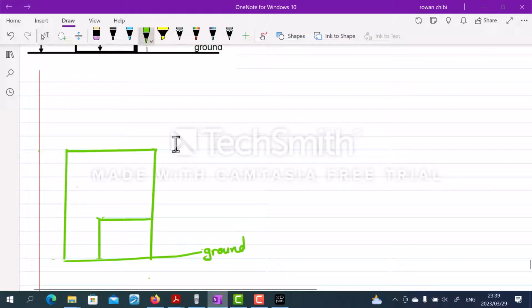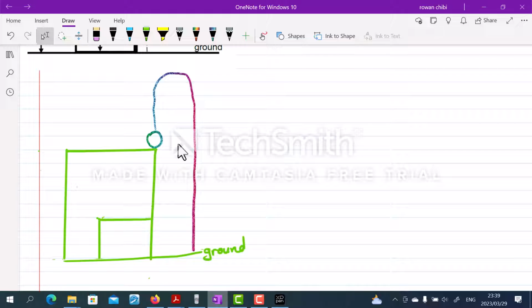Okay, so let us look at the projection of the ball. I want us to write every value that we know. The ball is coming from this point. This is the ball, and it went up, turned at some point, and goes down until it reaches the ground. I'm going to say this is section 1.